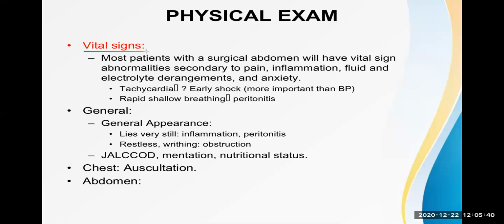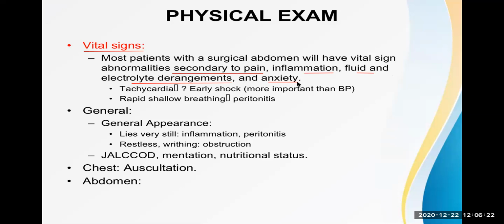Most patients with a surgical abdomen will have vital sign abnormalities secondary to pain, inflammation, fluid and electrolyte derangement, as well as anxiety. So most patients with a surgical abdomen, meaning acute abdomen, will have a vital sign abnormality either because of pain, inflammation or infection, hypovolemia or electrolyte abnormality, or simple anxiety.